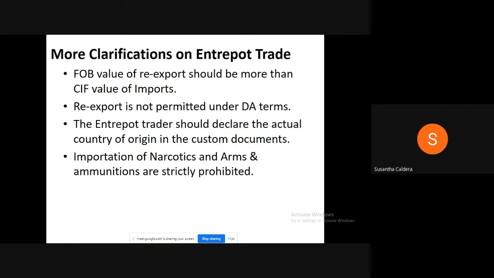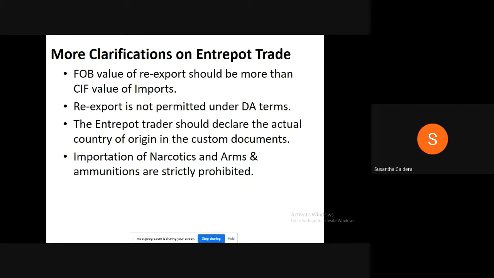Re-export is not permitted under DA terms. One student mentioned a shorter DA terms, but the central bank circular for entrepot trade says they are not permitted under DA terms.